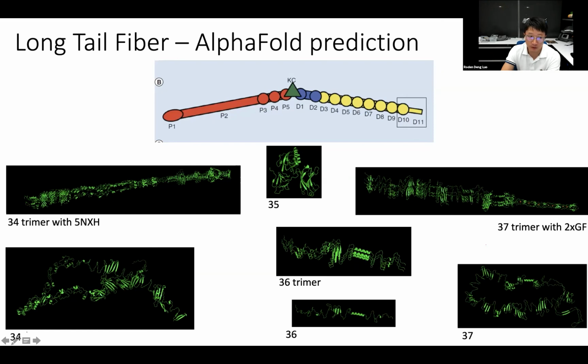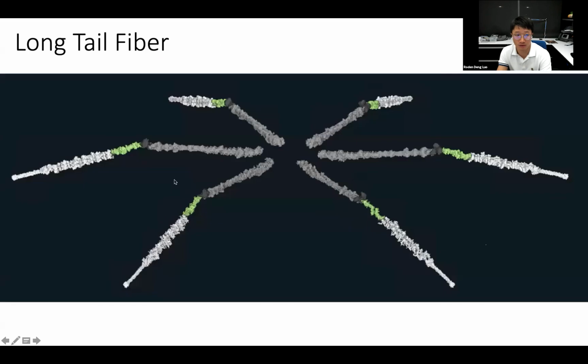And then for 34 and 37, I will delete the C-terminal part and then splice this N-terminal part with the experimentally solved domains for both 34 and 37. So they are kind of hybrid. The N-terminal part is predicted, while the C-terminal part is experimentally solved.